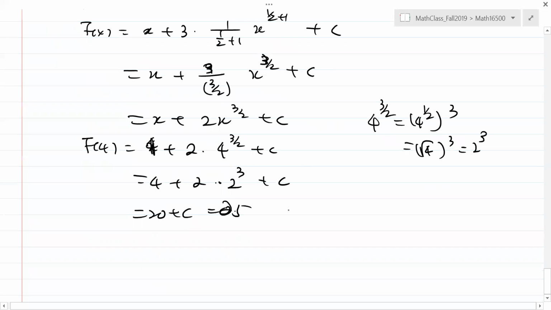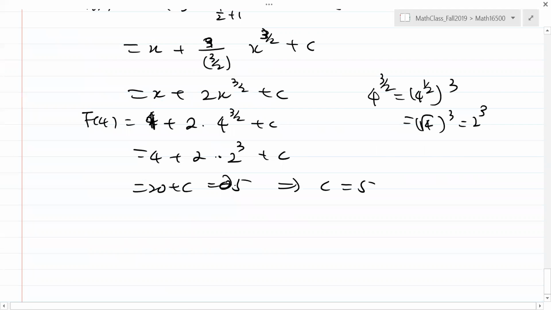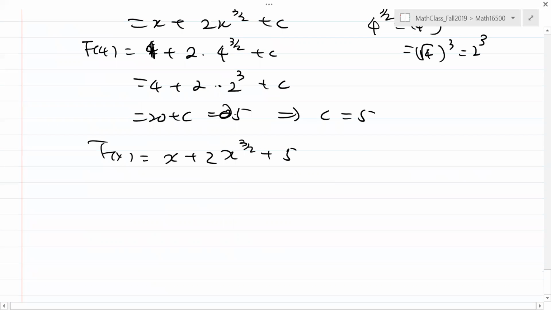So that implies C is going to be 5. Okay. And then you get the function, right? The function is going to be x plus 2x to the 3 over 2 plus 5. So there is one particular antiderivative which satisfies the given initial data.